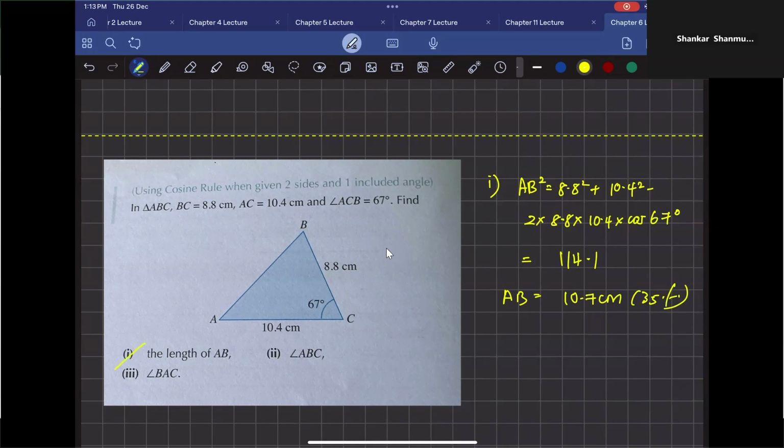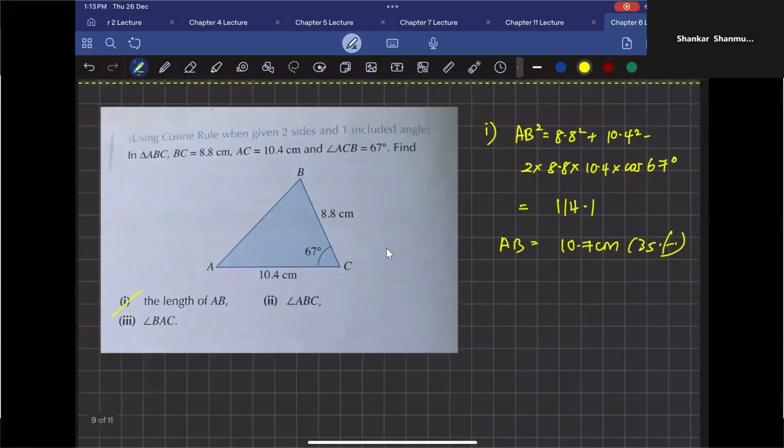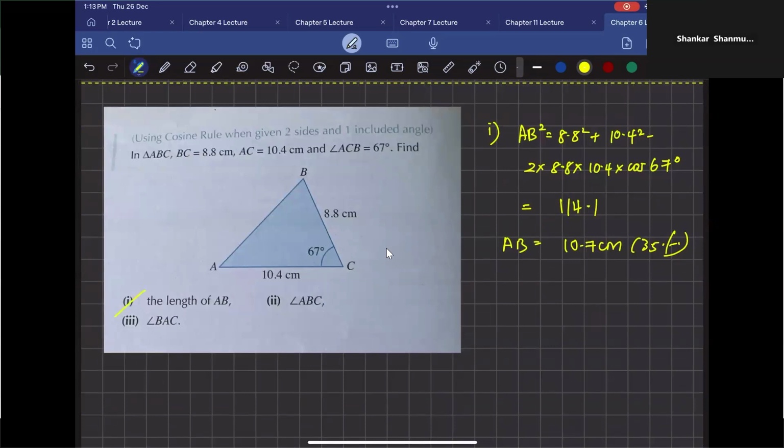Okay. So once you find your AB, wait, sorry, 10.7. Next one, the question asks you to find angle ABC. Now you can use a sine rule since you have one side and the corresponding angle. So sine ABC over 10.4 equals sine 67 over 10.7.